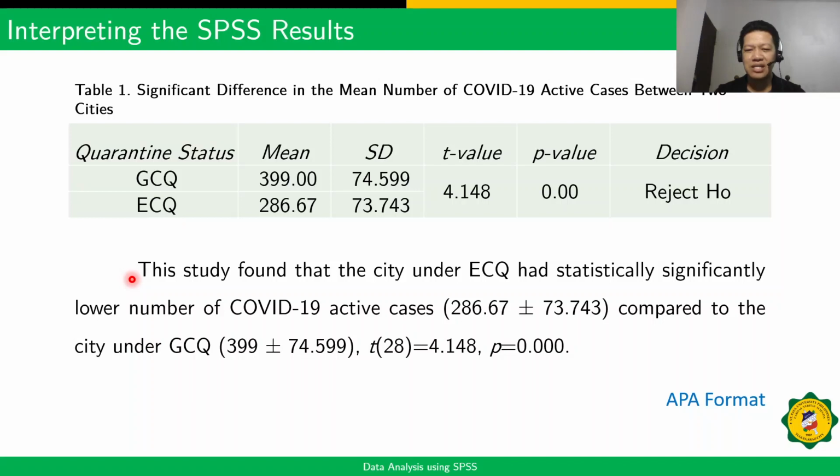So you have 286.67 plus minus 73.743 compared to the city under GCQ, 399 plus minus the standard deviation, we have 74.999. And then we have t equals 4.148. This is the computed value, and the probability value 0.000. That's in the APA format.